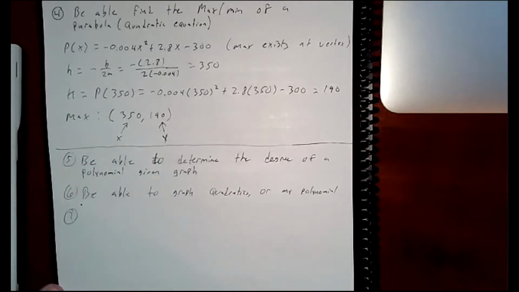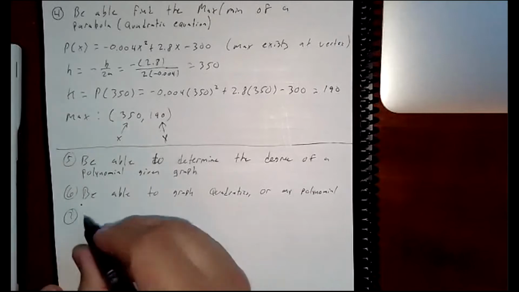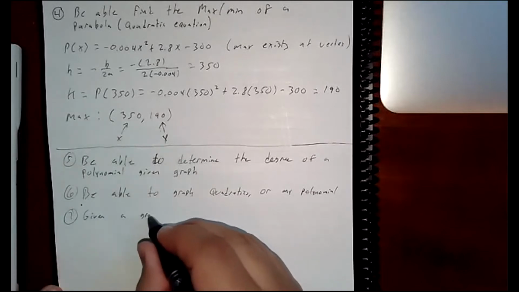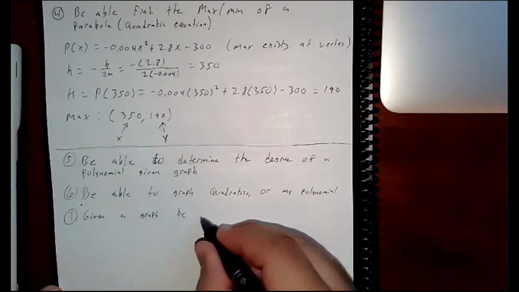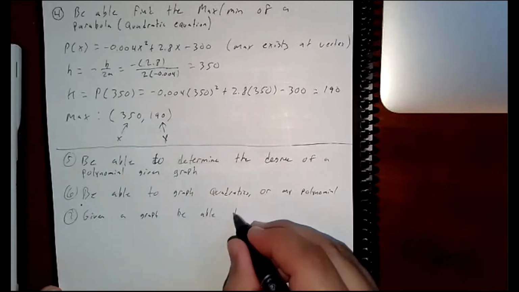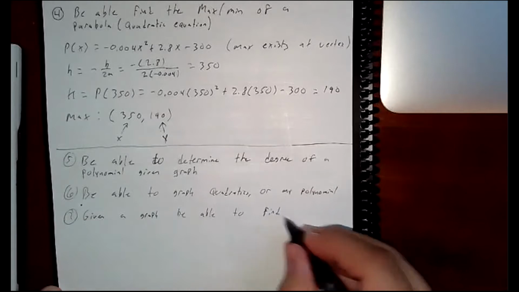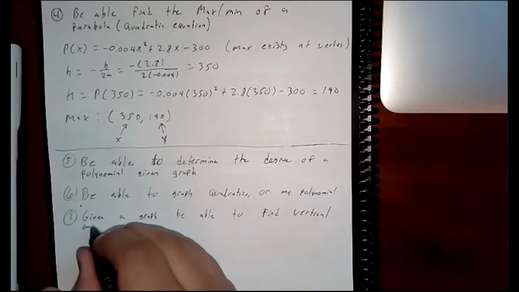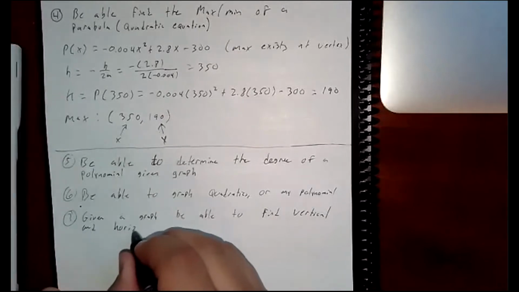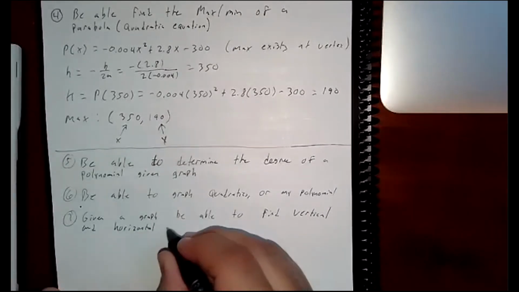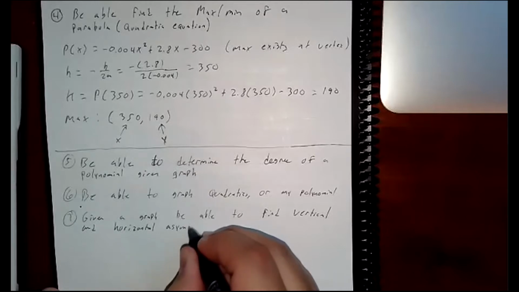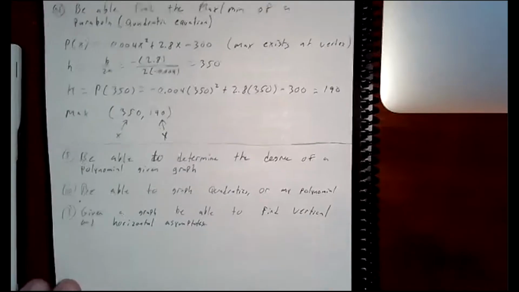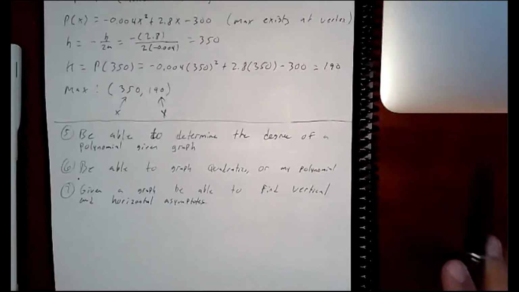7. Given a graph, be able to find vertical and horizontal asymptotes.